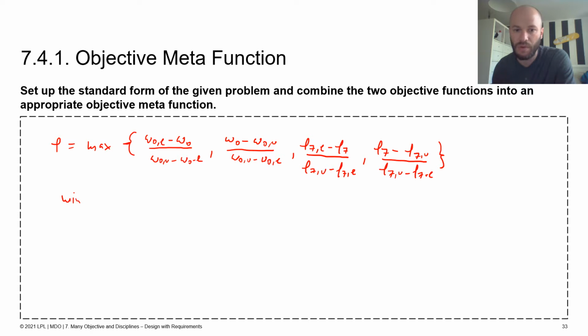So what we want to do is we want to minimize the meta objective function with respect to our upper and lower bounds. So once again, we had that before, so we can just write it down again.